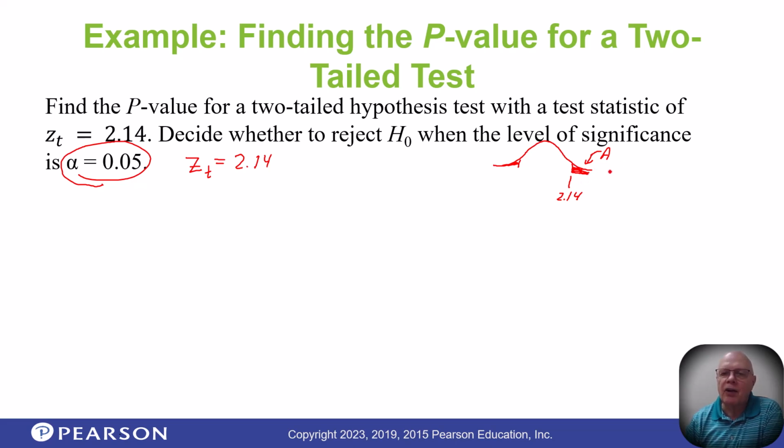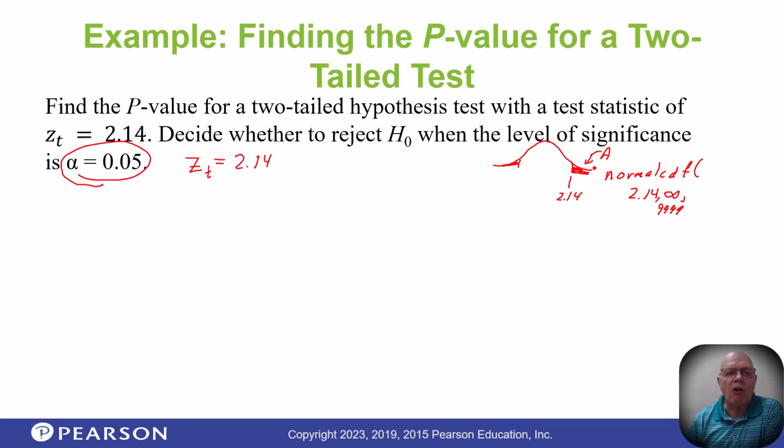So to find that area, normal CDF, and I'm going to have to go down to the next line. We want to go from 2.14 to positive infinity. Remember, my shortcut is just a bunch of 9s, because that'll simulate infinity.